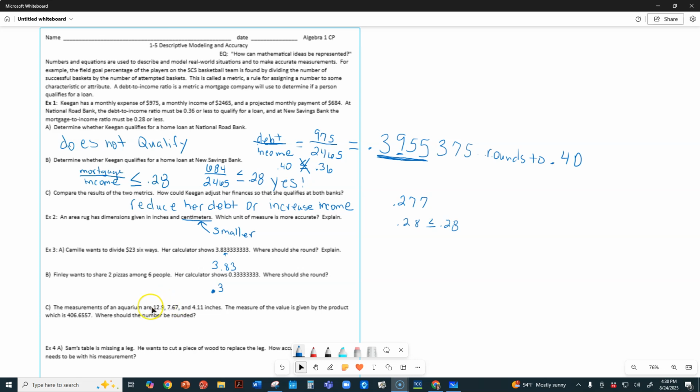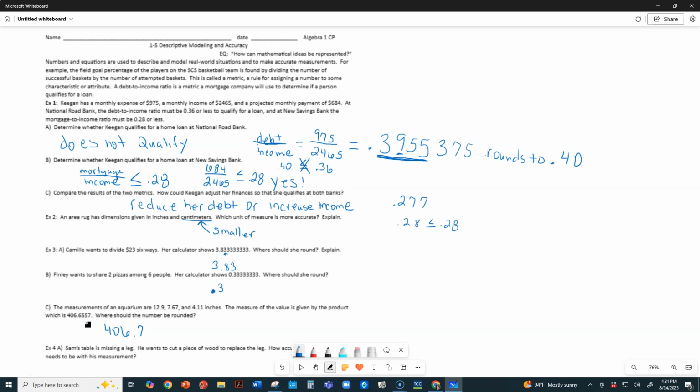So find the one that has the least number of decimal places, and that's all you need to worry about rounding to over here. Because this one is not accurate to 2 decimal places, so it doesn't matter that these are, because this one isn't. So this one's not going to be accurate beyond 1 decimal place. So we would round this one to 406.7.